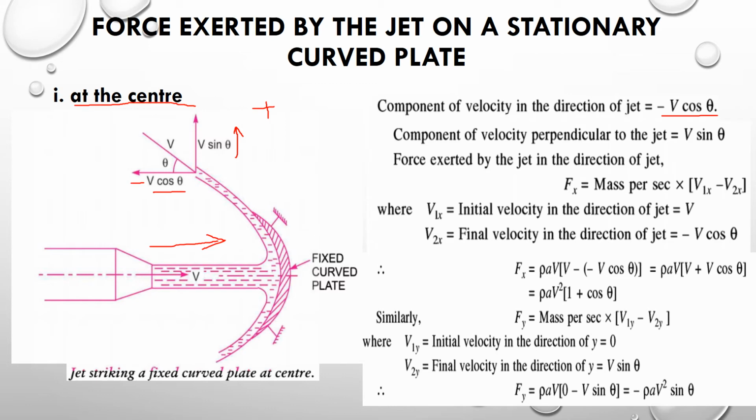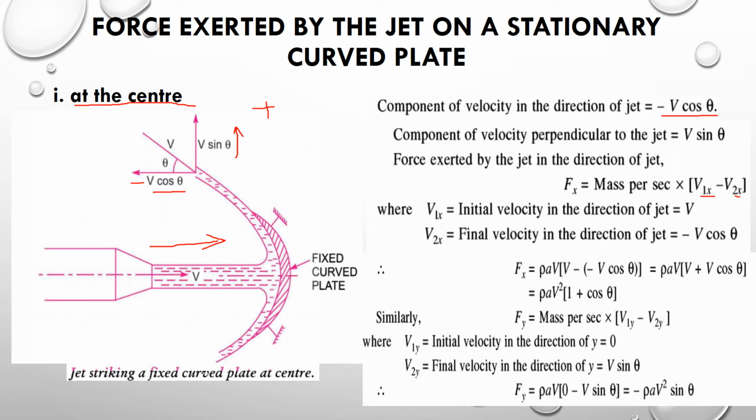Now, as always, the force exerted by the jet in the direction of the jet is Fx equals mass per second into (V1x minus V2x). What are 1x and 2x? V1x means 1 is the initial velocity and x means in the x direction. Similarly, V2x means 2 is the final velocity, and x means again the x direction.